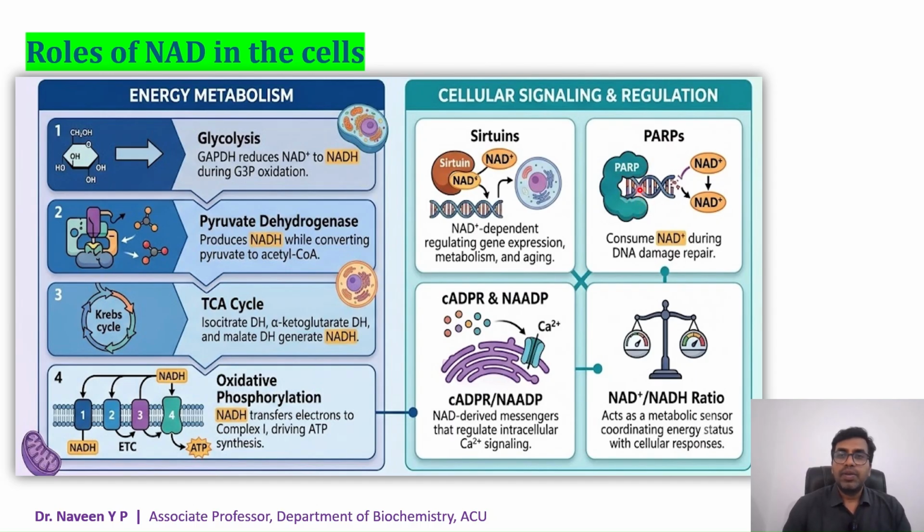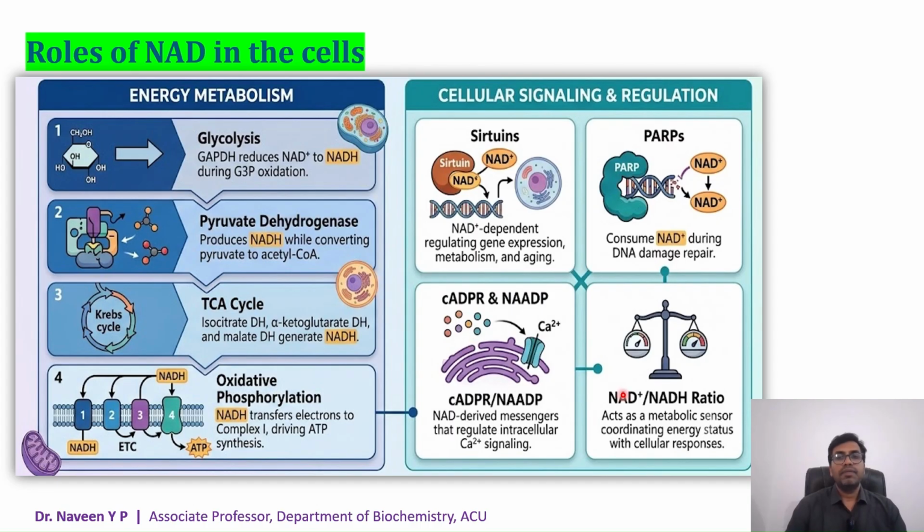Because they exclusively utilize NAD, NAD serves as a regulatory component for the activation and functioning of these PARPs. Here also there is a system of cADPR and NAADP, NAD derived messengers that regulate intracellular calcium signaling.